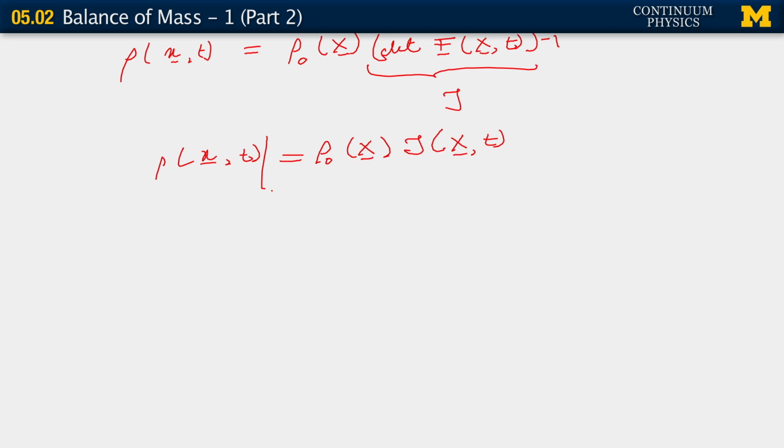And of course, in this, we have that little x is phi of capital X and time. So this gives us now the relation between the mass density in the deformed configuration and the mass density in the reference configuration.